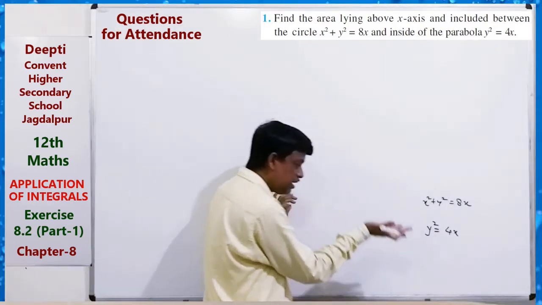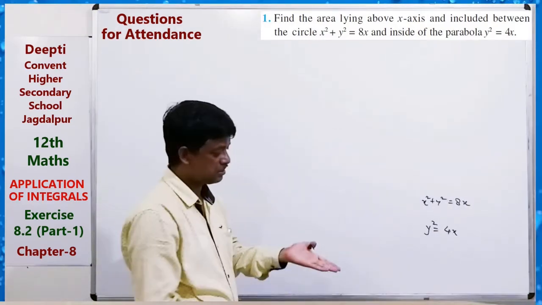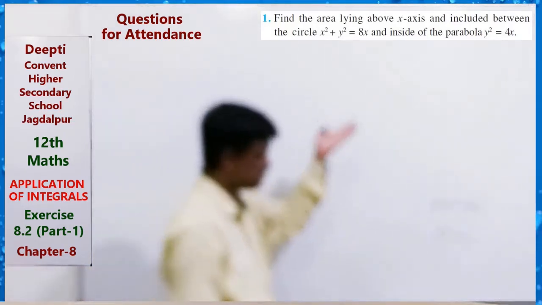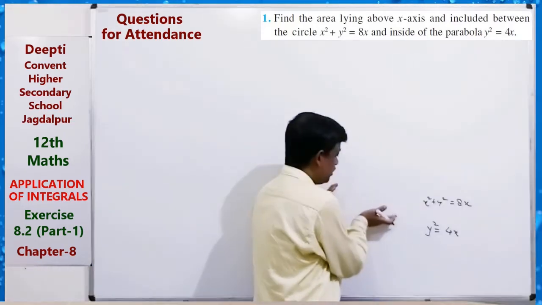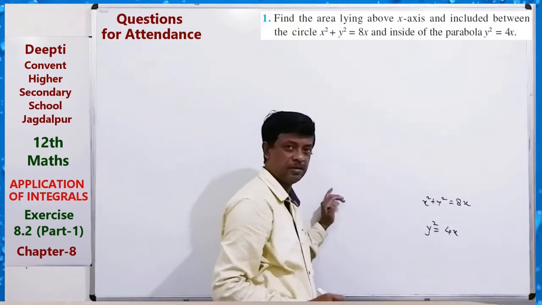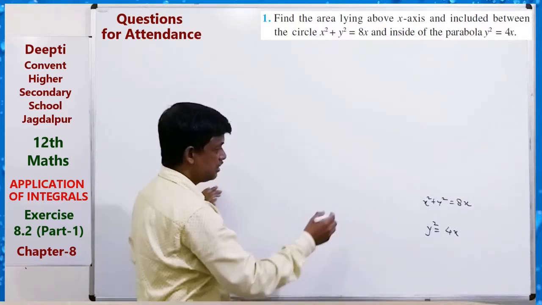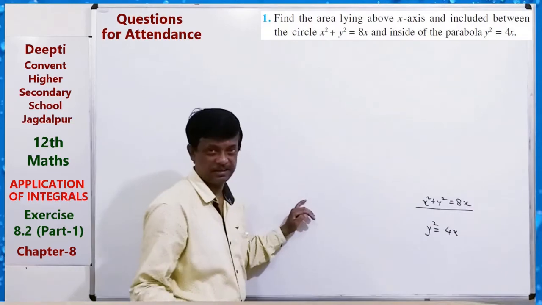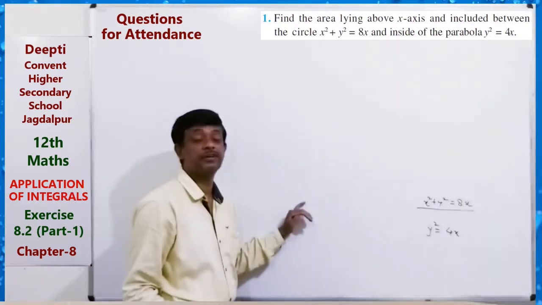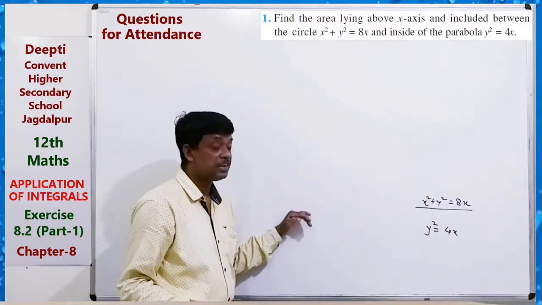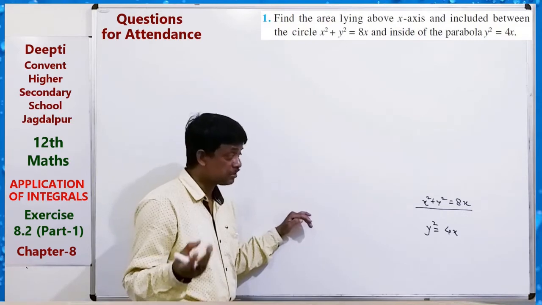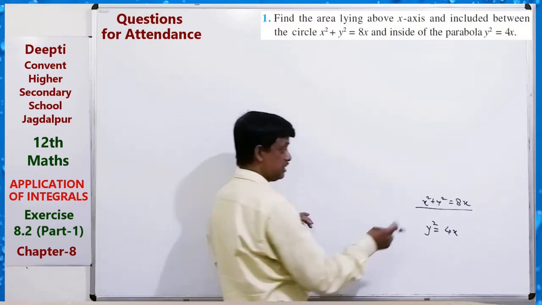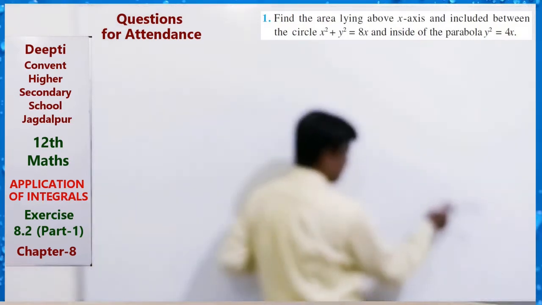Lying above the x-axis means we have to find the upper part of the x-axis. So here this is a circle. First of all you have to identify the center of the circle and the radius.